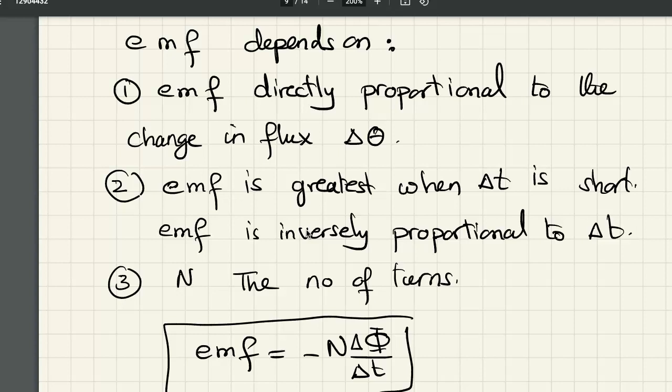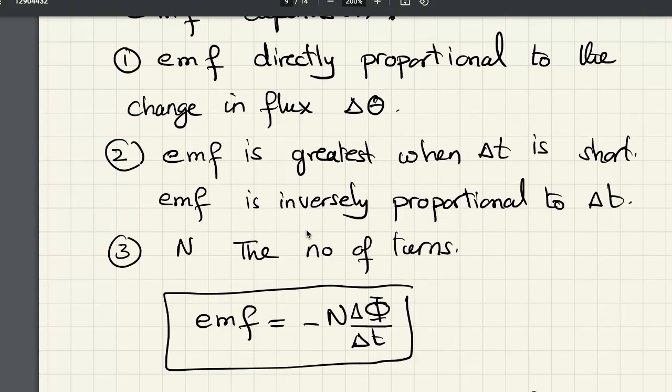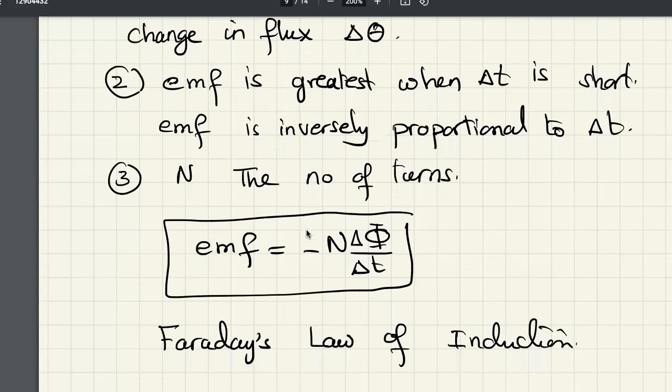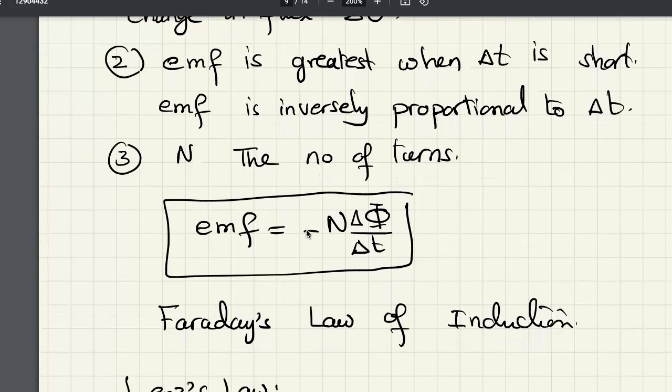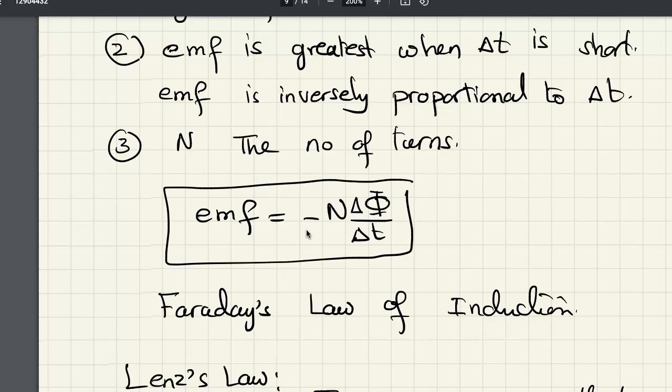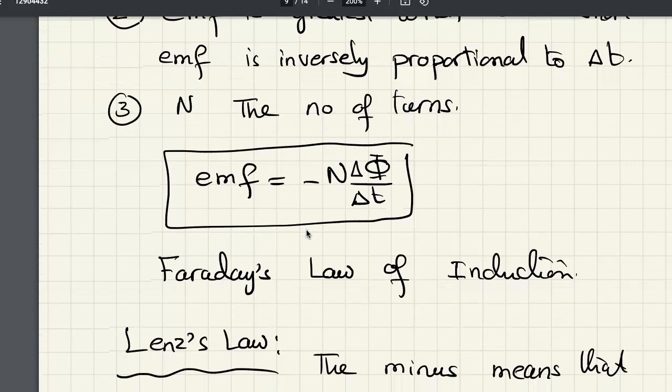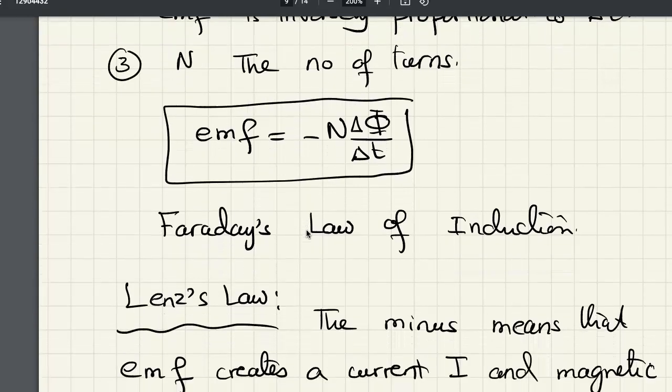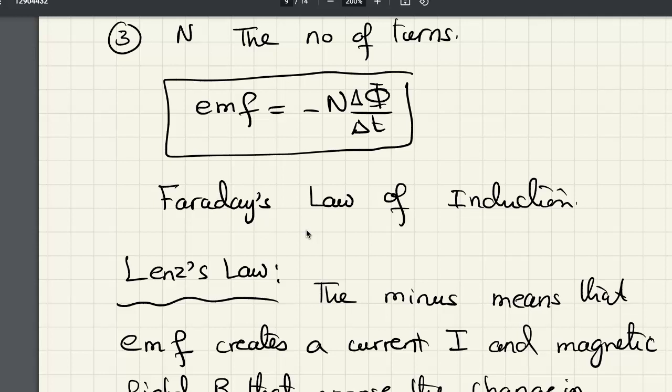EMF is inversely proportional to delta T. And of course, N is the number of turns. Then EMF equals minus N times the change of phi over the time. We call this Faraday's law of induction, and it is used to calculate the EMF, which is negative N delta phi divided by delta T.